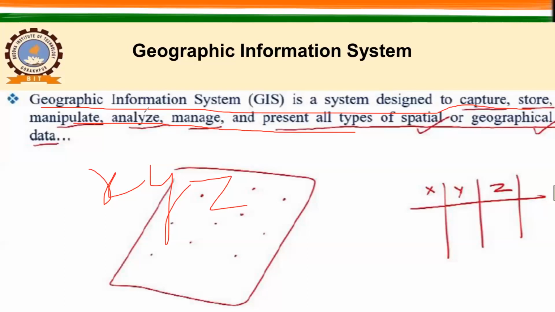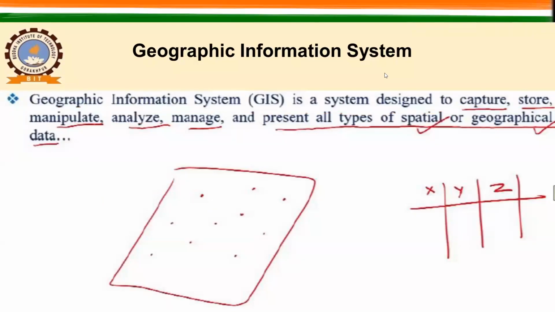So whenever we say that I am working in the GIS domain, it includes all those parameters, right? Let us see one more definition. GIS is a system which is designed to capture, store, manipulate, analyze, manage, and present all types of spatial and geographical data.